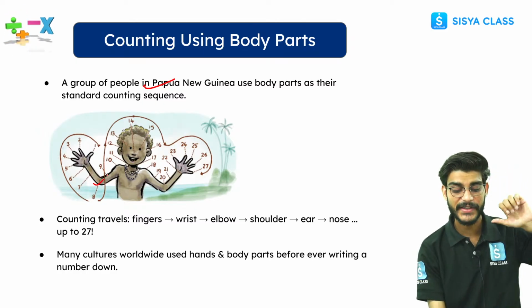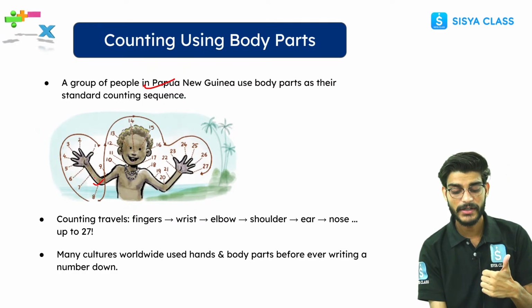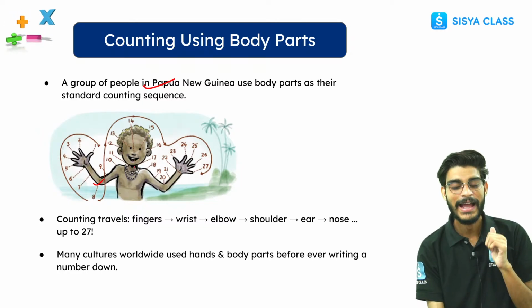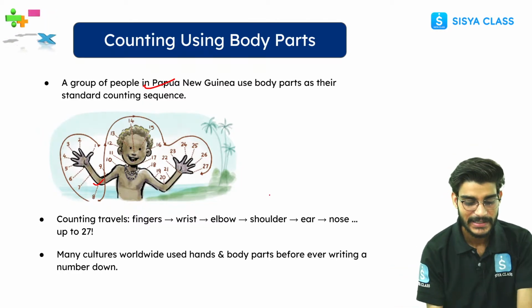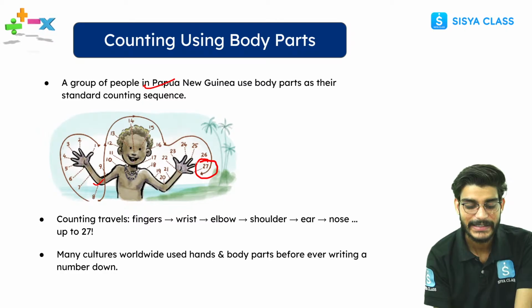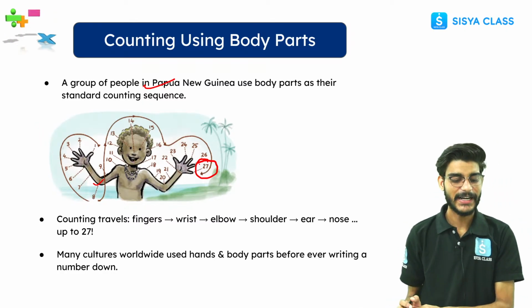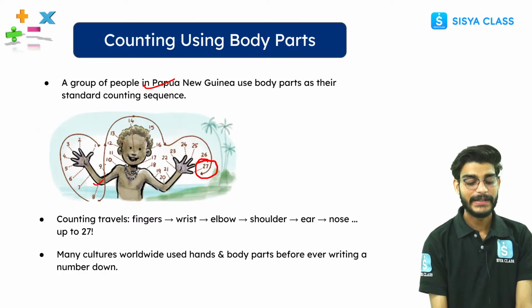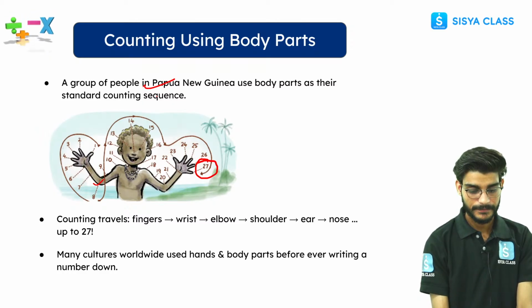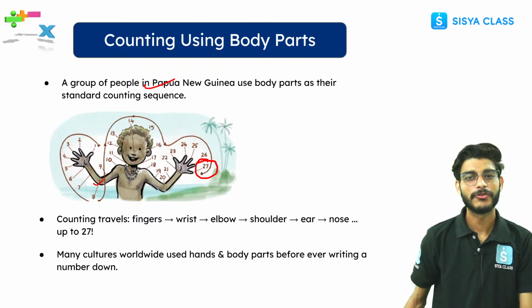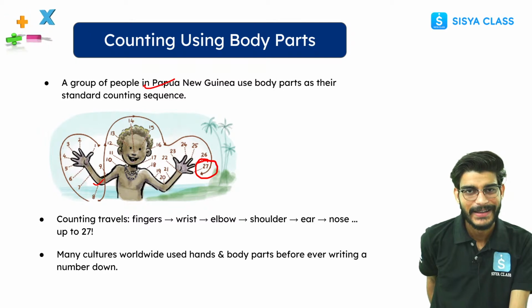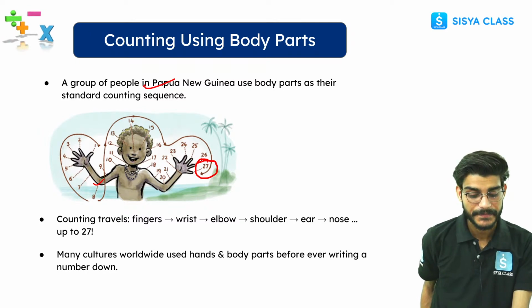They used their wrist as well. They used their shoulder as well, ear, nose, and they counted till 27 only. This is where the number system started. Okay, they counted till 27.